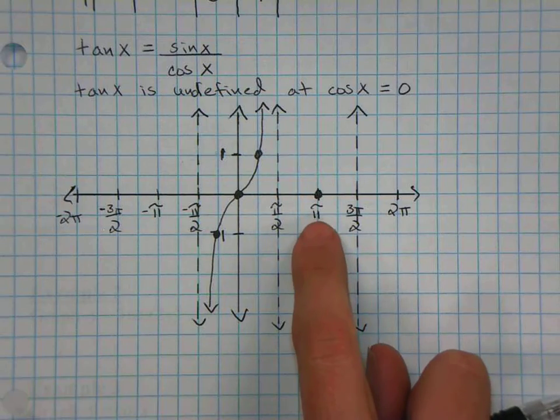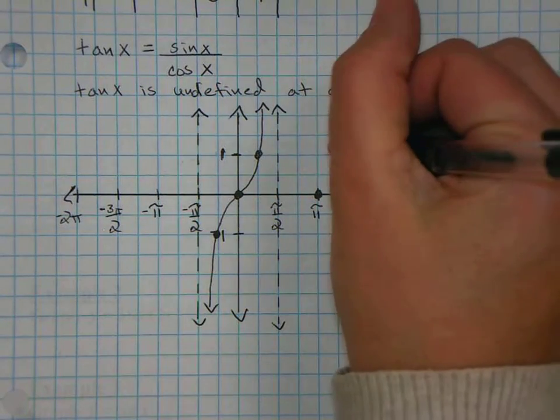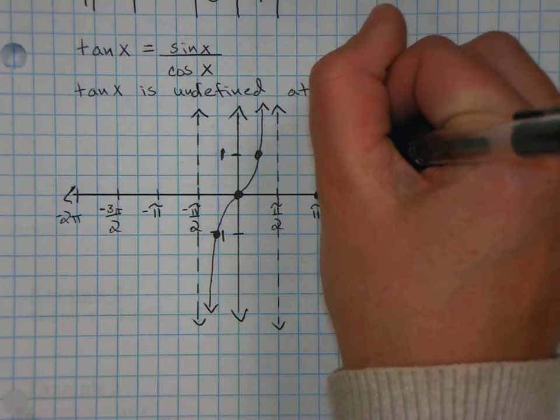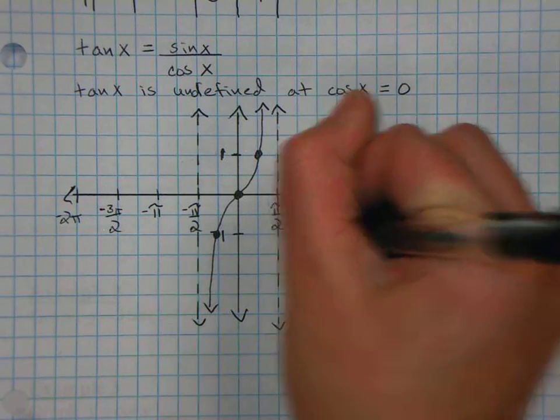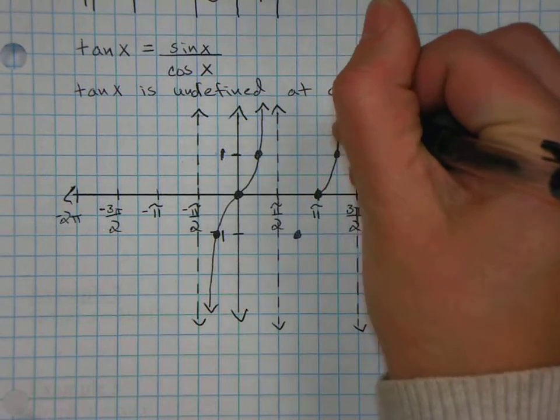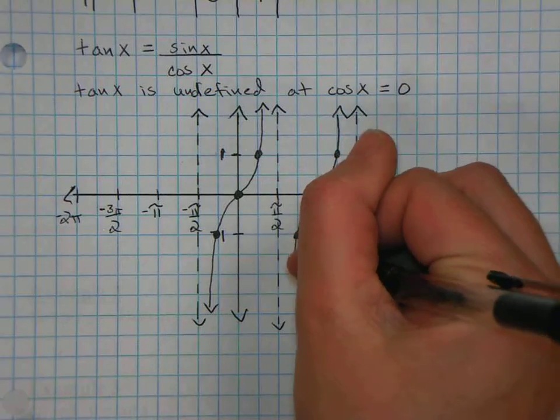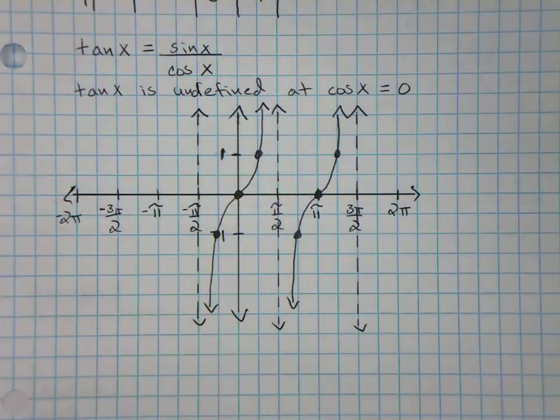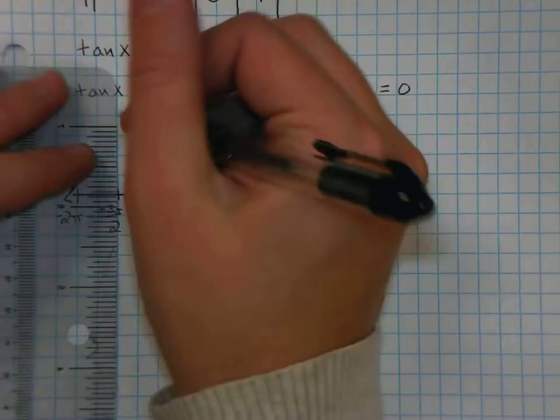So again, halfway between these two spots, I'm going to have a point up here at a y value of 1, down here at negative 1, and again this curve. So what I would like to see from you guys when it comes to graphing tangent is at least 2 of these curves. I am going to draw one more just to try to be a little consistent on the left side.